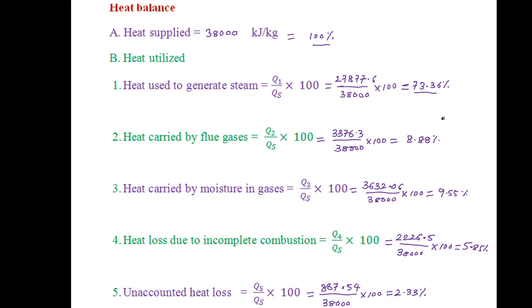So if we add these percentages, 73%, 8%, 9%, 5%, 2%, this should work out to about 100%. To tally: 73.36 plus 8.88 plus 9.55 plus 5.85 plus 2.33.